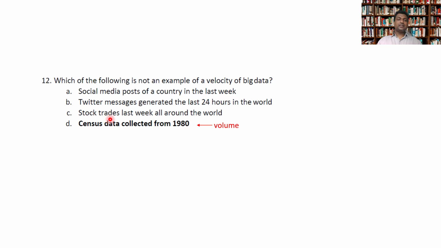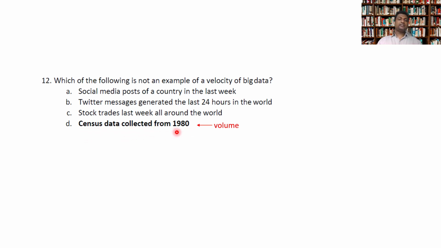So a large amount of data is being created each and every second. Again, it's an example of velocity, the speed of data being created. The fourth one is not an example of velocity, correct, because it is not talking about the speed of data being created.